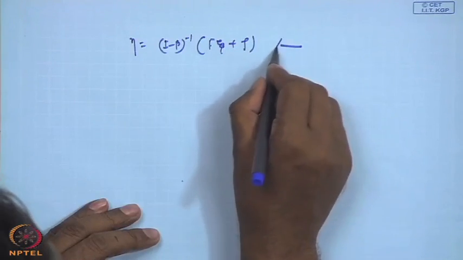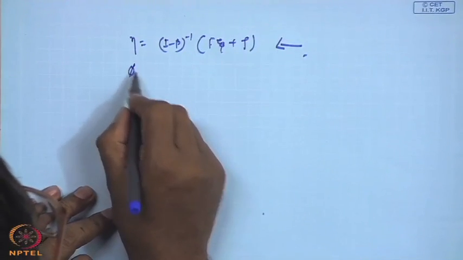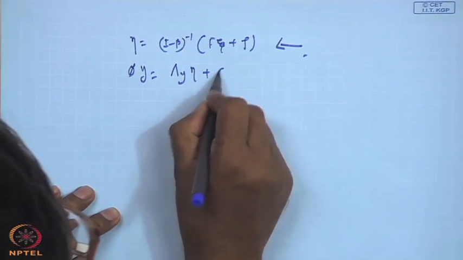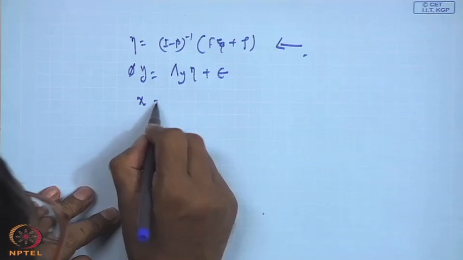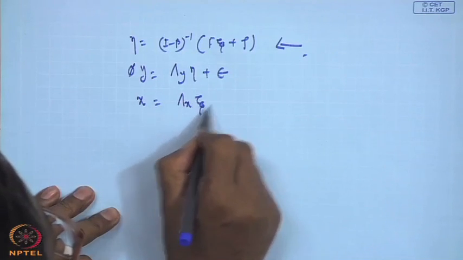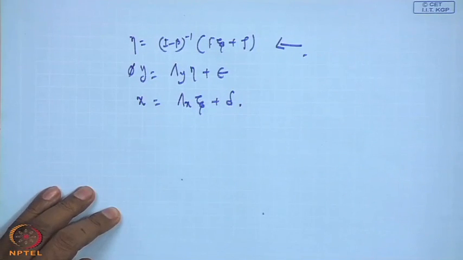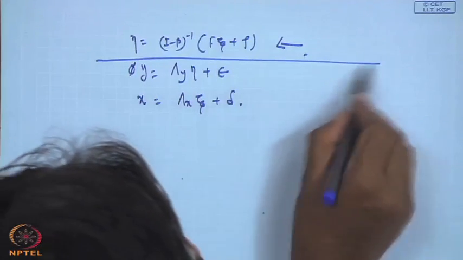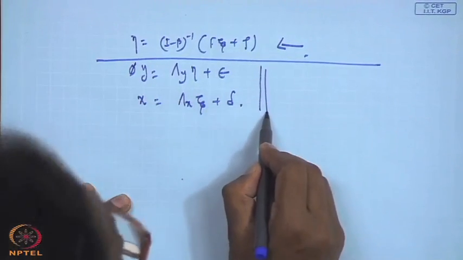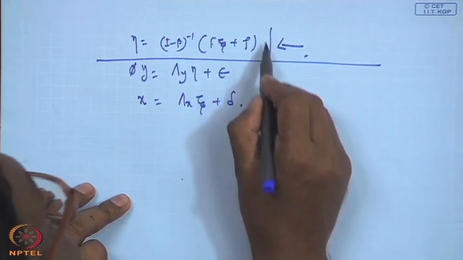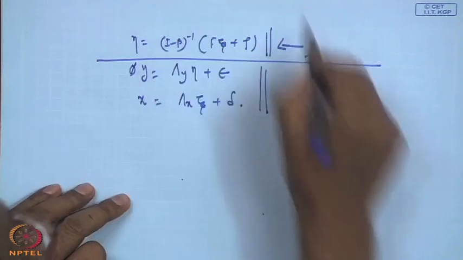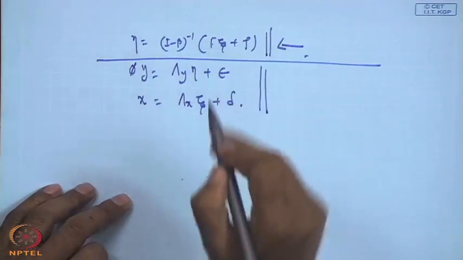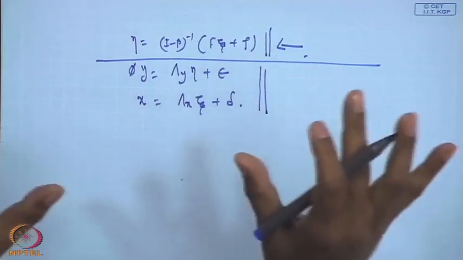Another equation will be y equals lambda y eta plus epsilon, and another will be x equals lambda x xi plus delta. These 3 equations you split into 2 parts, first establishing this through the measurement model and then this one through the structural model. Now, if you want to estimate all of these simultaneously, you are doing the same, taking everything in one go.